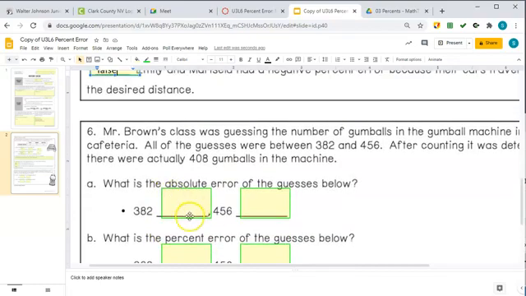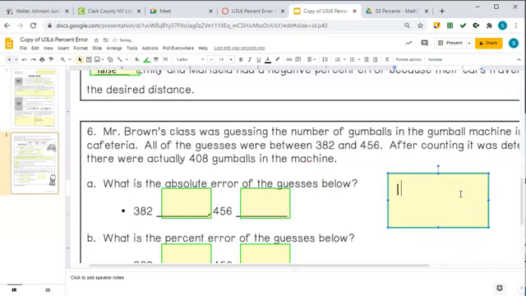So let's do 382. Grab a text box over here. Our absolute error is the absolute value of actual minus measured. So in our case, it's going to be 408 minus 382, and for our other one, it's going to equal 408 minus 456.